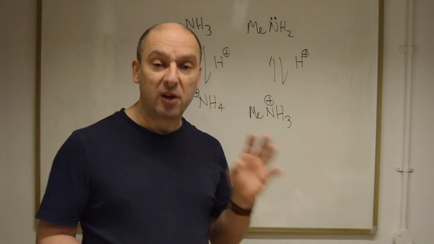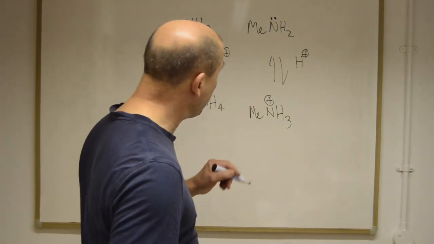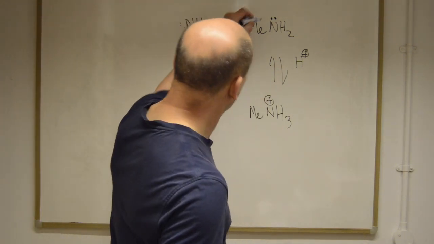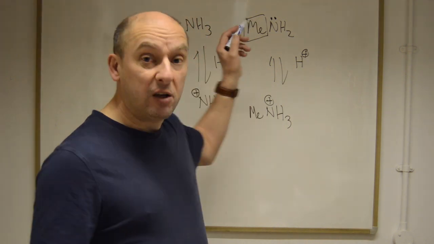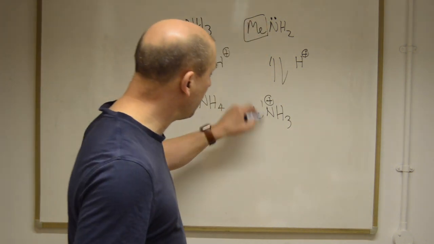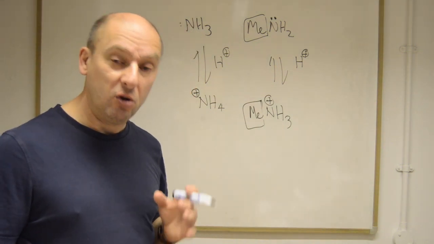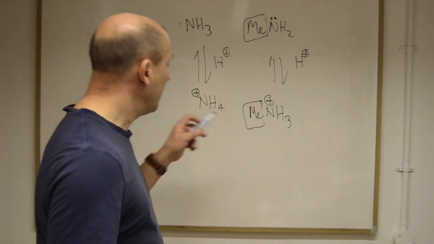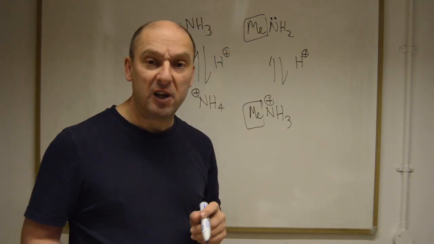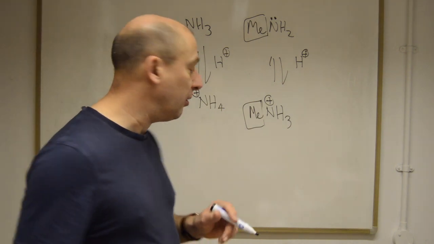But exactly the same as I've just explained with oxygen, what we get is a methyl group here withdrawing a little bit of electron density, but here this methyl group is polarizable, not strictly an inductive effect. So it's donating electron density to stabilize the positive charge in the ammonium.